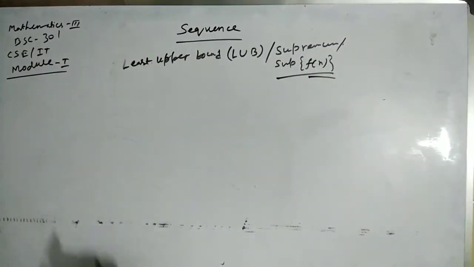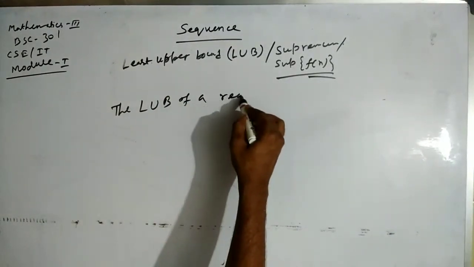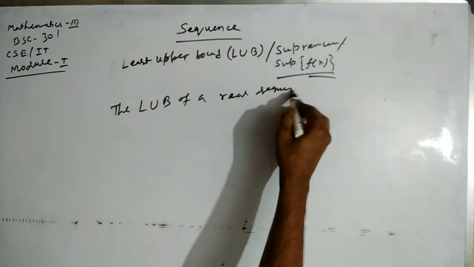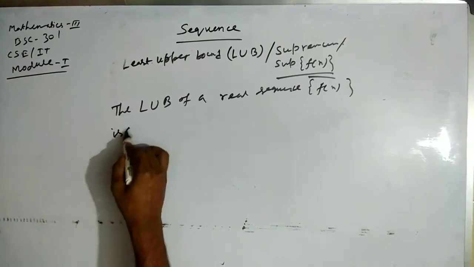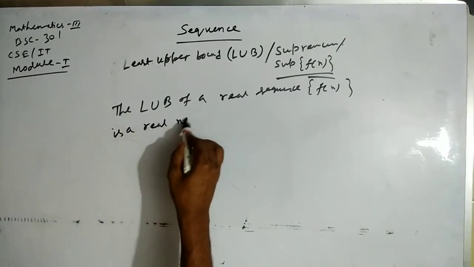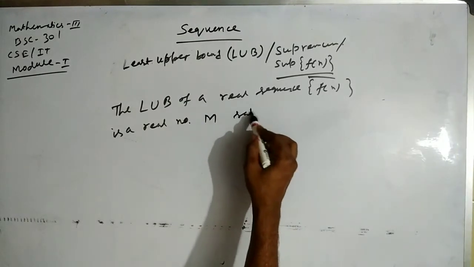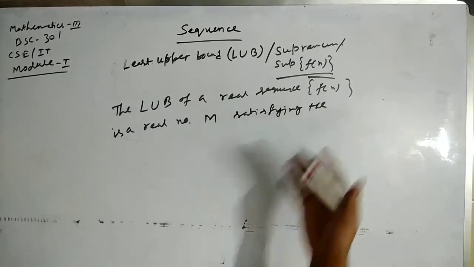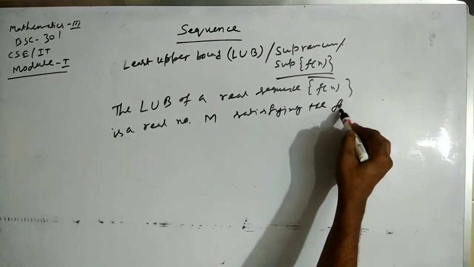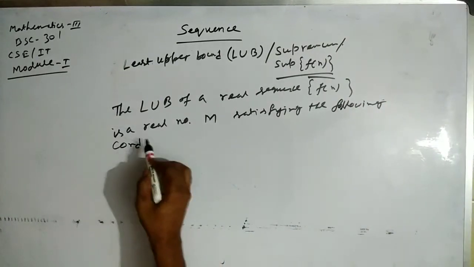So what is the definition? The LUB, that is, the least upper bound of a real sequence Fn, is a real number, capital M, say, satisfying the following conditions.